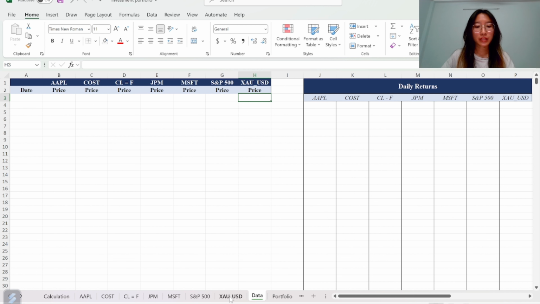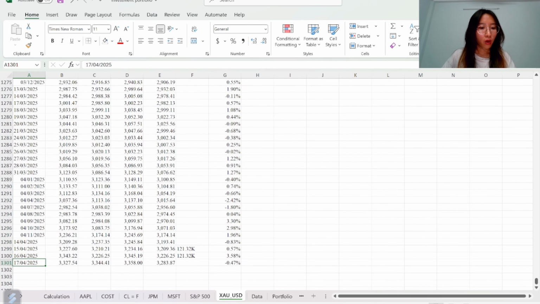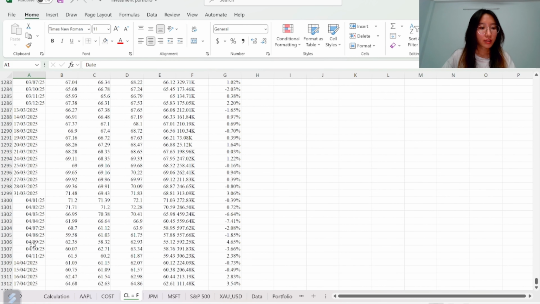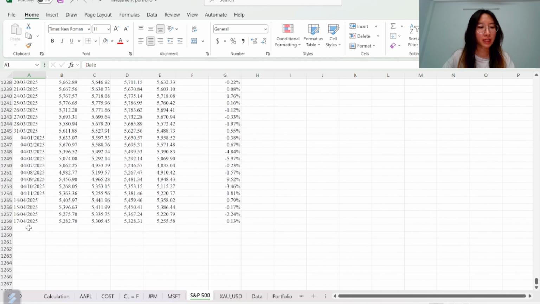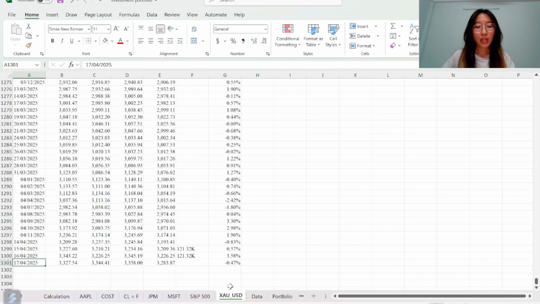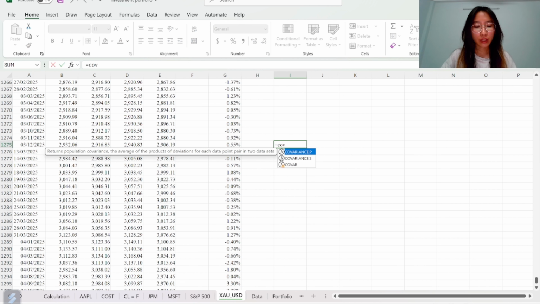During the course of 5 years, gold and oil have more than 1,300 trading days, while, for example, S&P only has about 1,250 trading days. If we do not clean our data, we cannot calculate very fundamental things like covariance.